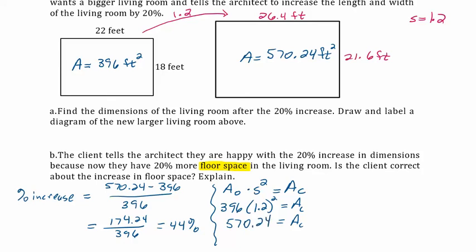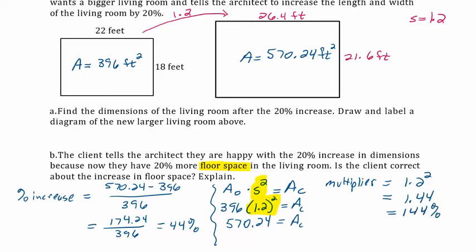So what was our multiplier here? Our multiplier was s squared. Our multiplier was 1.2 squared. What is 1.2 squared? Let's check that out. That's 1.44, or 144%. So what percent increase is that?